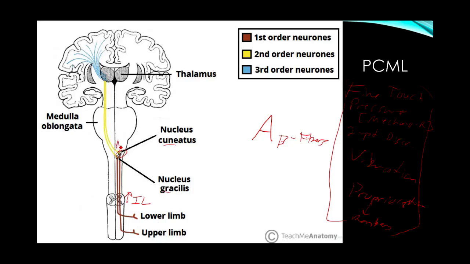And then, this is really, really important, they decussate or cross over to the contralateral side right here, kind of at the lower medulla or brainstem area. And at that point, the second order neurons in yellow go up and they synapse at the VPL, which is a specific nucleus in the thalamus. And then those third order neurons send their axons up, and they synapse in the respective area of the sensory cortex.